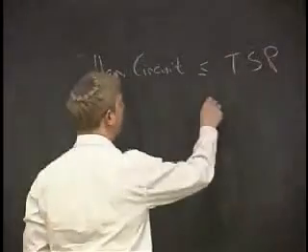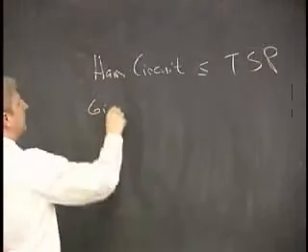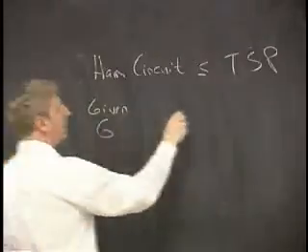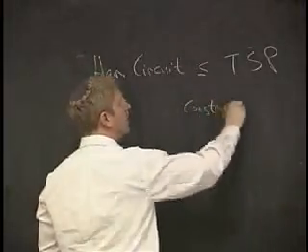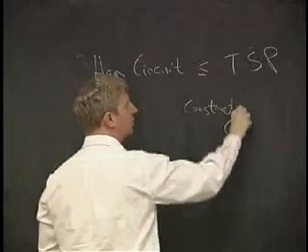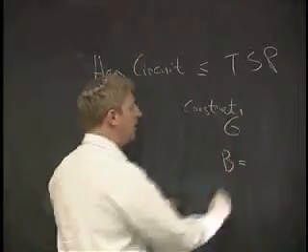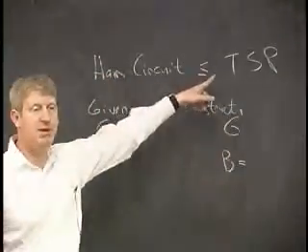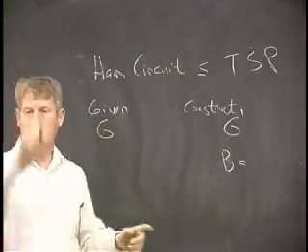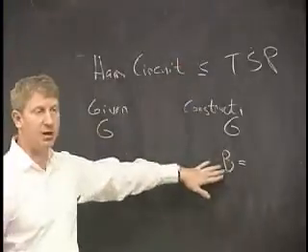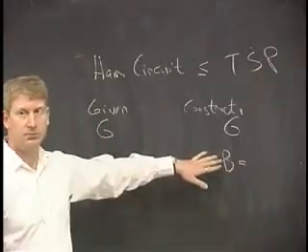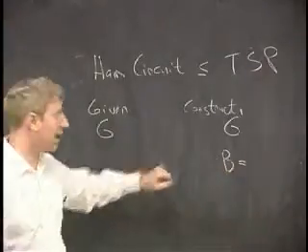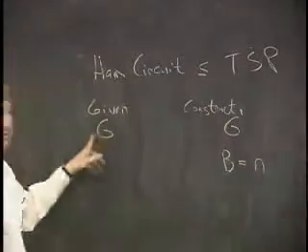Given G, we have to construct the graph for this, which we'll call G prime, and we have to construct B, which is the integer that we're going to try to beat the traveling salesman problem tour by. So the size we're going to beat it by is going to be how much? N, the number of nodes.